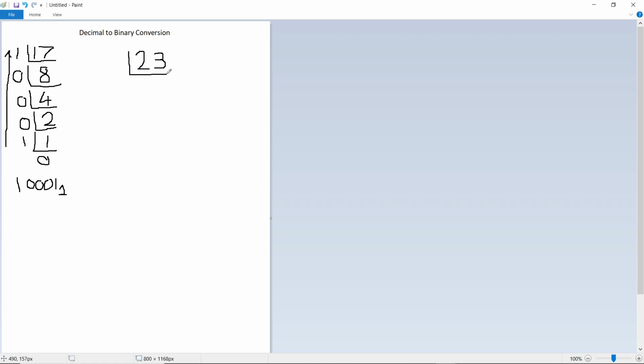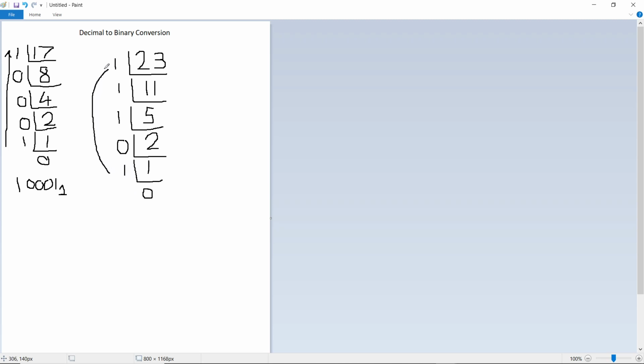So 2 goes into 23 11 times with a remainder of 1, because 11 2s are 22 and we want 23. 2 goes into 11 5 times, remainder 1, because 5 2s are 10, 1 left over. 2 goes into 5 2 times, remainder 1. 2 goes into 2 1 time, remainder 0. 2 goes into 1 no times, with a remainder of 1.